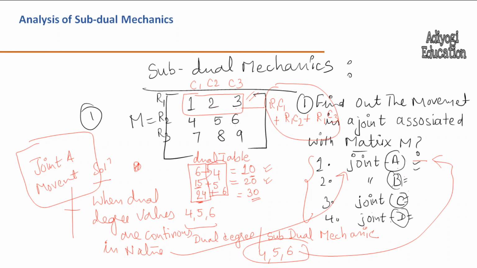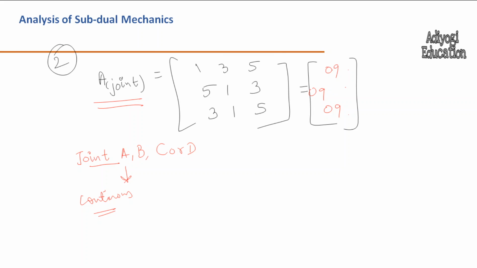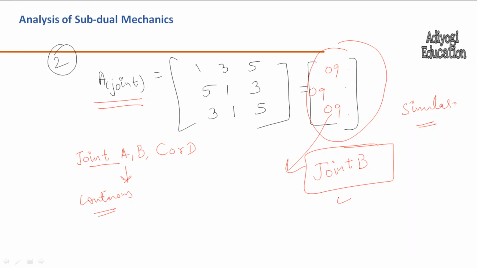Here we got 4, 5, 6 that shows continuous. But in this case we have 9, 9, 9, which is called the similar value. So this is called joint B. This type of matrix subdual value is joint B.